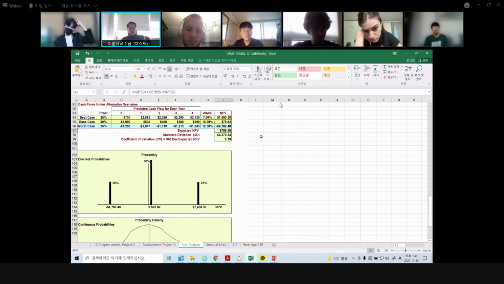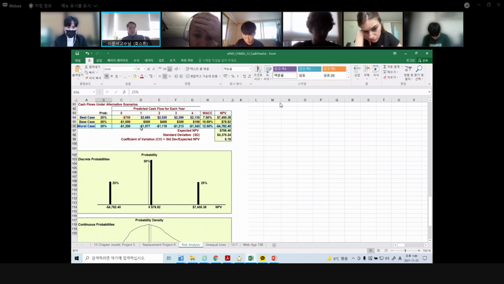So the expected value: 706.4 minus 7450.38 squared times 0.25, plus 706.4 minus 78.82 squared times 0.5, plus 706.4 minus 4782.4 squared times 0.25, and the square root is going to be 4,370.24.